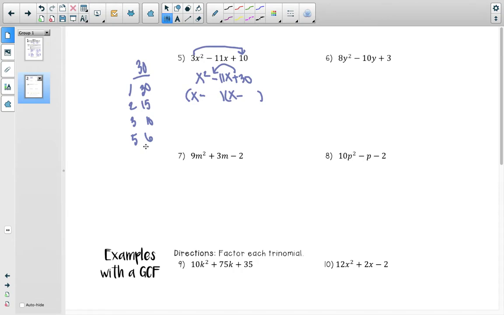We should be getting really good at our factors. We keep kind of doing the same numbers over and over. And this is just good practice, just doing some classic multiplication from back in the day. We're looking for 11. 5 and 6 are your answer to that question, because negative 5 plus negative 6 is negative 11.